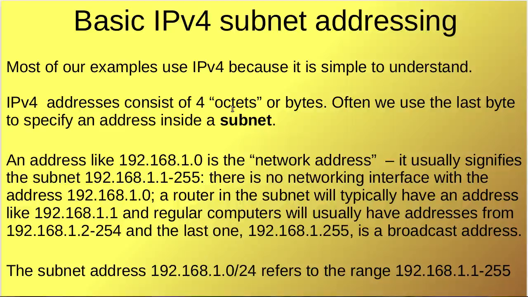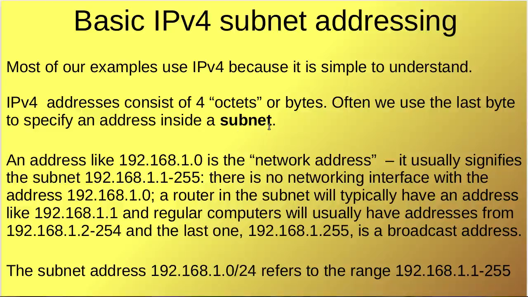IPv4 addresses consist of 4 octets. An octet is just a byte, that is a set of 8 bits. And there's 4 of these bytes, giving you a total of 32 bits, 4 times 8. That's 4 bytes, and often we use the last byte to specify an address inside a subnet.